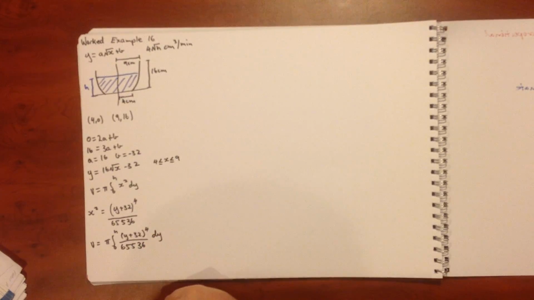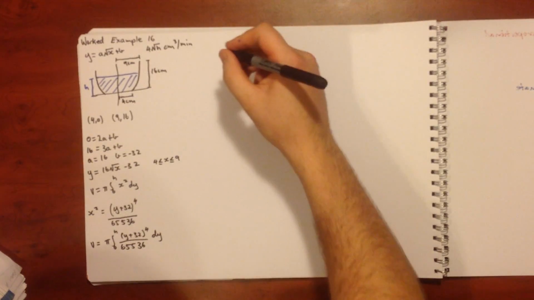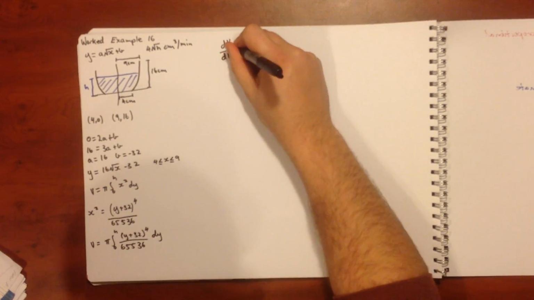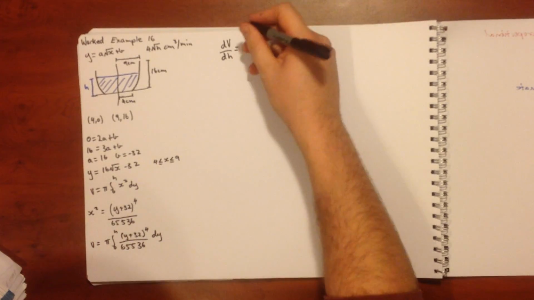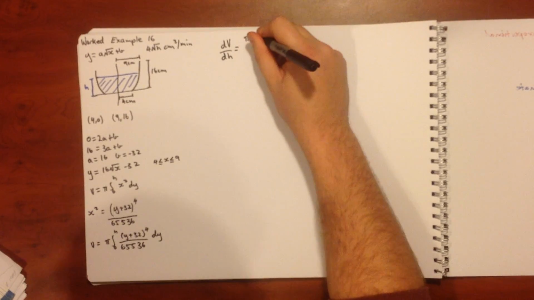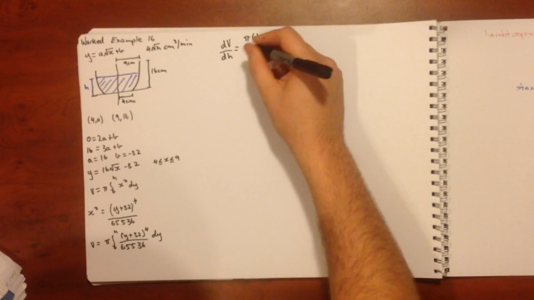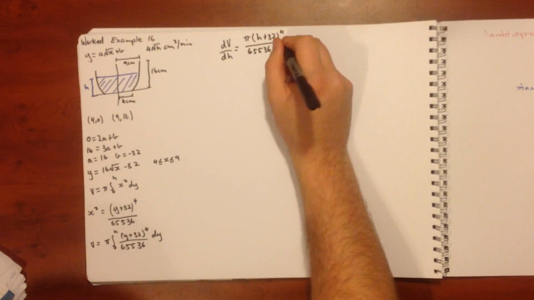So we're getting there. That means we get an equation for dV/dh, using some of the techniques we used earlier. We find dV/dh equals pi times (h plus 32) to the power of 4 over 65536.